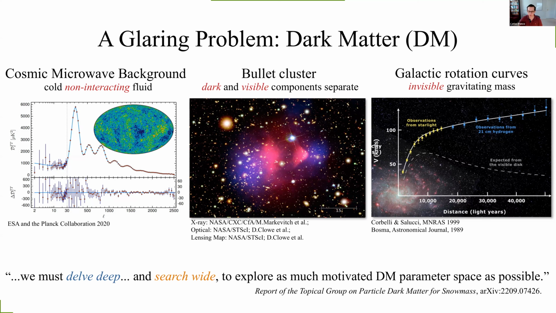And as you zoom in on galaxy scales, you find other very irrefutable evidence of dark matter when you measure the circular velocity of stars as a function of distance. What you measure is that there is an invisible component of mass that is absolutely required to account for the plateauing of these circular velocities as a function of distance from the center of galaxies.